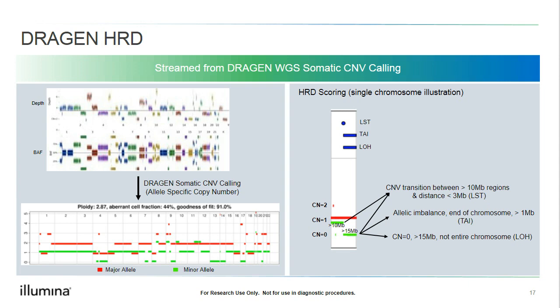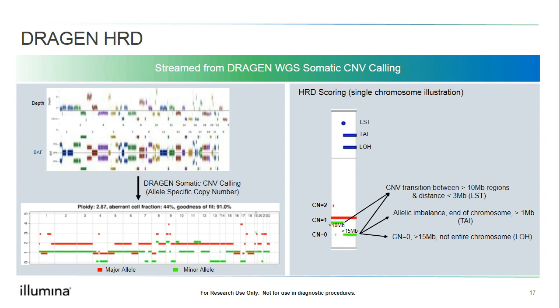On the right, we're giving you an example of how these scores are computed. At the bottom, we have the copy number as 0, 1, and 2. In red we are showing the major allele and in green the minor allele, and an example of how an LOH, a TAI, and an LST score is computed.